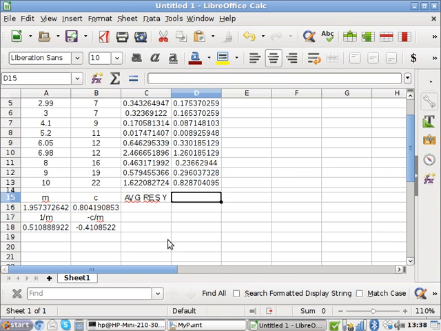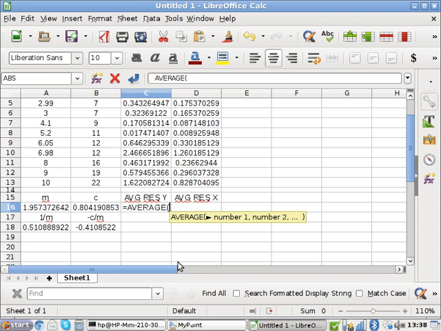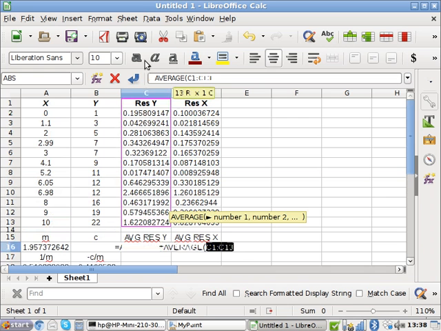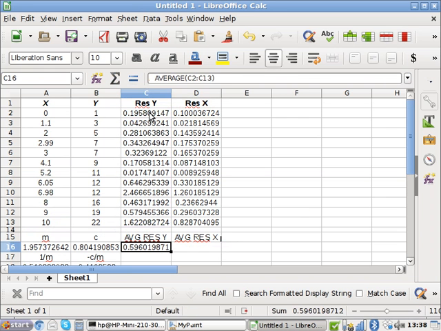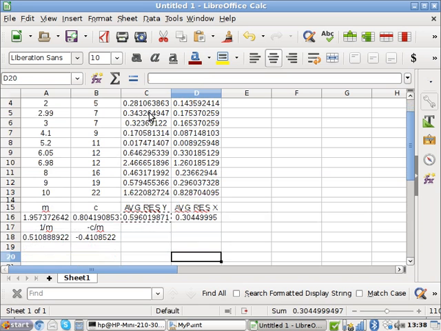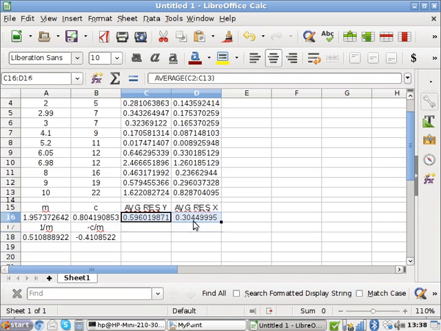And then the next one is average residual x. And here this is average of those, and then this one here is average of those. And these two numbers are really important for what's happening next, so I'll put them in bold here.